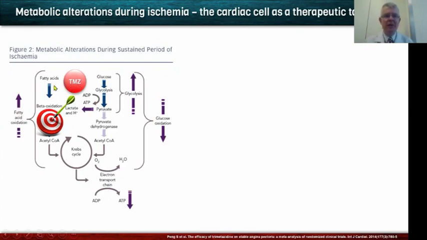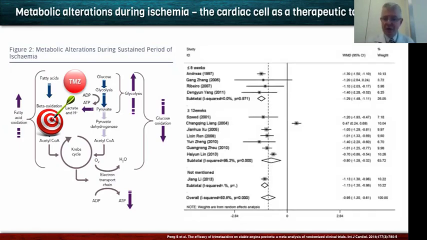Trimetazidine blocks, at least partially, the free fatty acid oxidation pathway, which again is less efficient than the glucose oxidation pathway. And when you block the free fatty acid oxidation, you favor the glucose oxidation. So you will increase the production of ATP, you reverse the intracellular acidosis, you change the homeostasis of the cell. So now the cell works more efficiently.